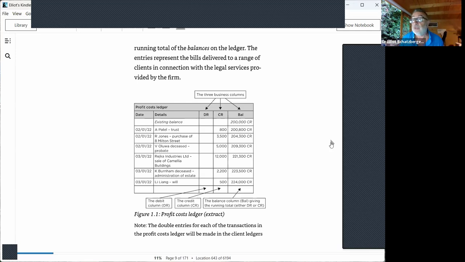So if we're sending a bill to Patel, it would show up as a credit on the profit cost ledger to identify the fact he's going to owe us money, and a debit on his ledger, again, to show he owes us money. There is a debt there, as it were. So that's Patel. We've got Jones, we've got Alua.